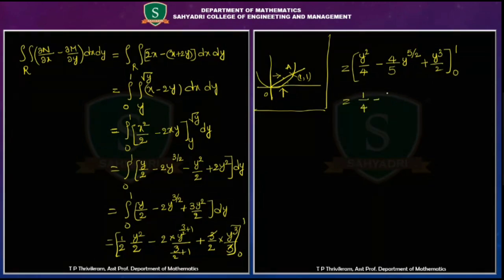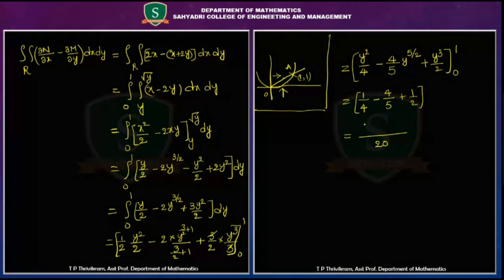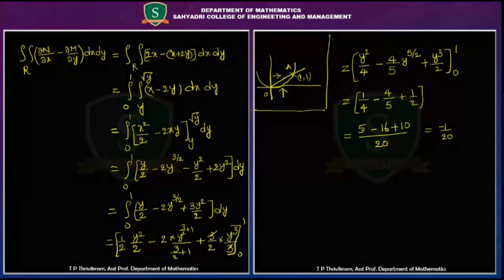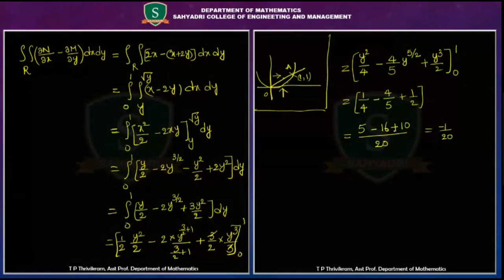So 1 by 4 minus 4 by 5 plus 1 by 2. So this one is equal to, LCM is 20. Here 5 minus 16, here plus 10. So 10 plus 5, 15, 15 minus 16. So we'll get minus 1 by 20.